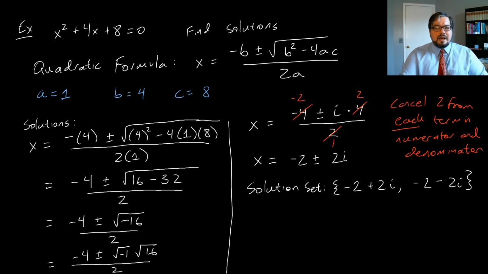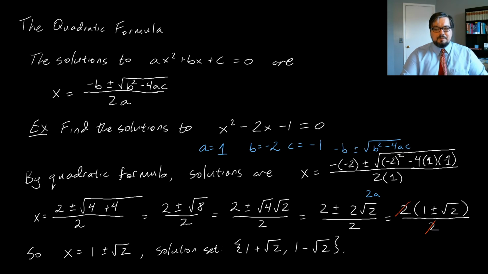Well, if we go back to the first example, we can see that we got 2 different real numbers out of this, basically because the square root part, the thing that's being added or subtracted, wound up being a positive number, the square root of 8, which we reduced eventually.